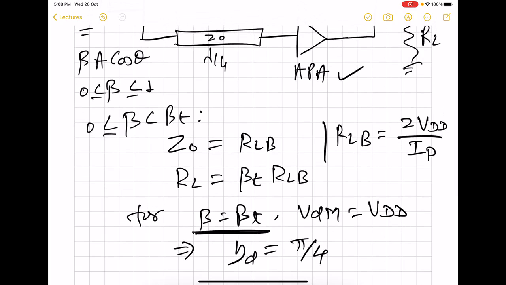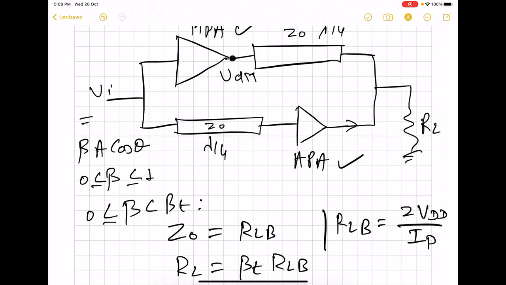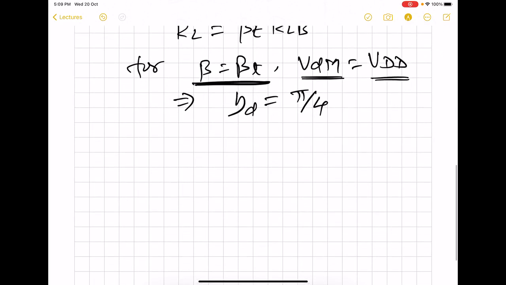Now our objective in this lecture is that first we will try to find out what should be the current provided by this second power amplifier, the auxiliary power amplifier, such that even for the higher drive, the voltage at the drain of the main remains VDD. So what we have already done is this part.